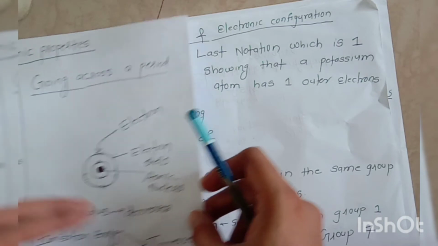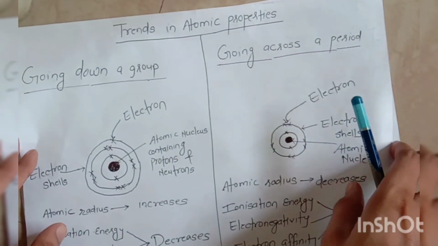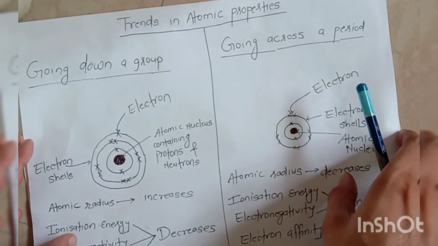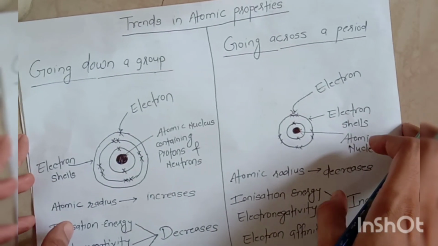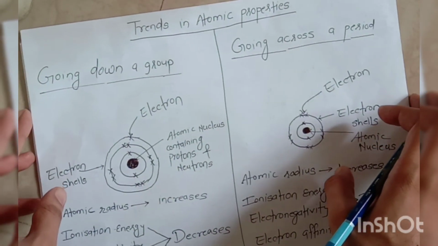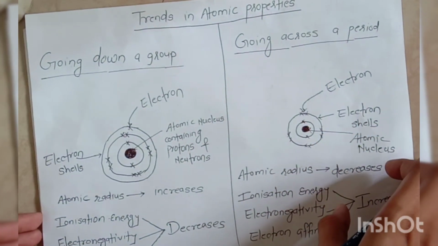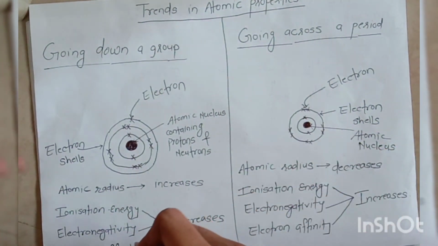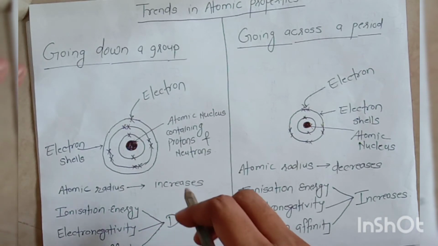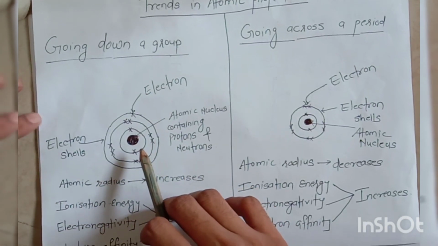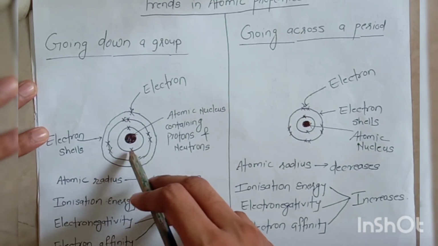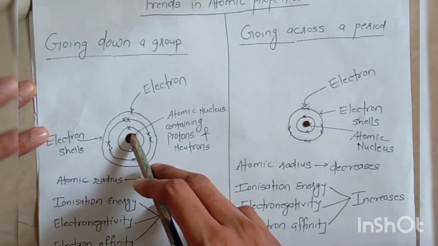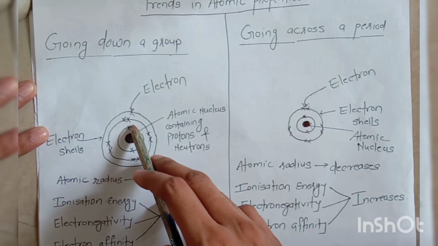Now the next topic is trends in atomic properties. We are going to discuss trends in terms of going down a group and going across a period. As per the diagram, this is the atomic nucleus and these are the shells or orbits.